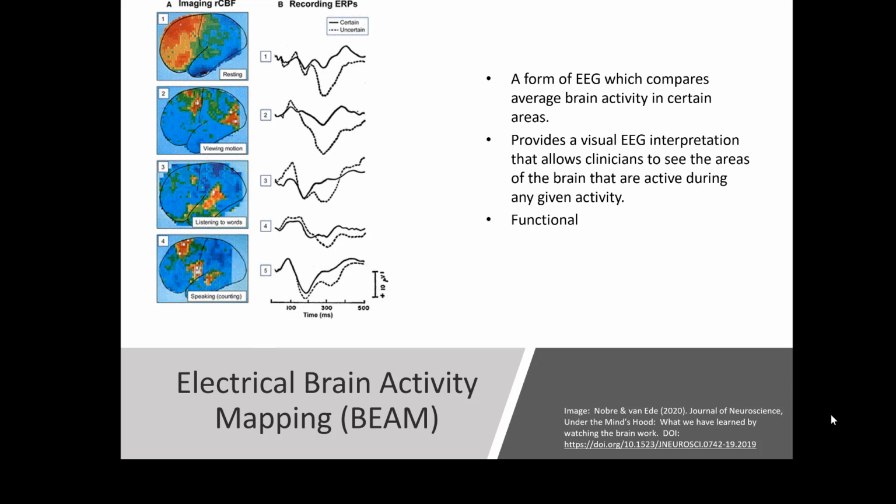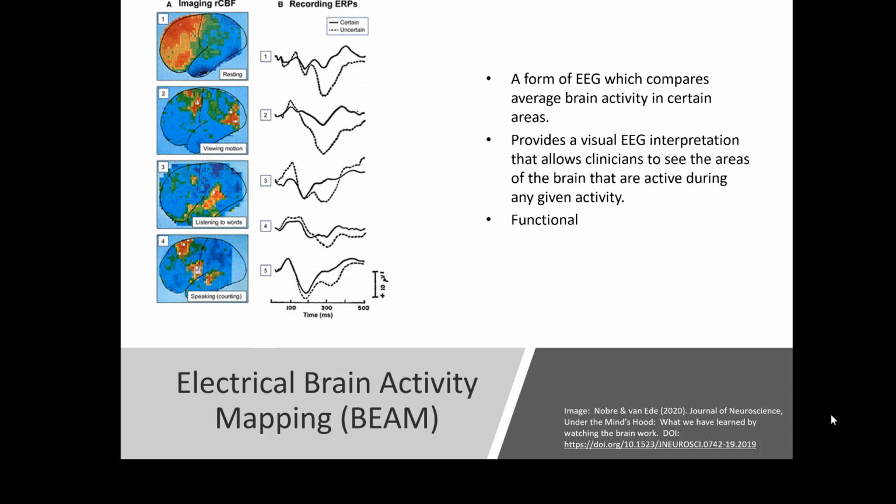BEAM, or Electrical Brain Activity Mapping, is a functional brain imaging tool related to the EEG, which provides a visual interpretation of the EEG brainwave readout. It allows clinicians to see the areas of the brain that are active during any given activity.